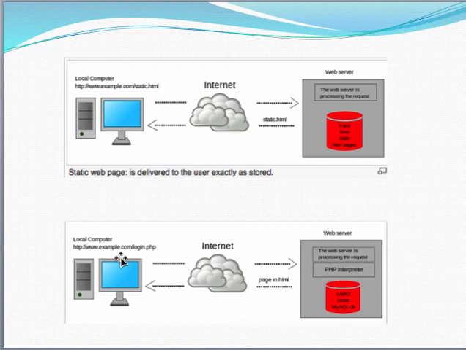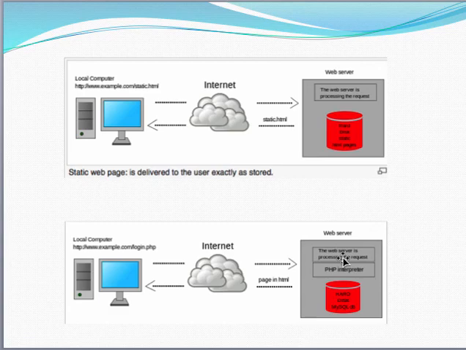But now with the new technologies, and now I'm talking about the last few years, we can display dynamic web pages or dynamic information. Why? Because, and here is the second model that we have, in the back end, and this is the back end here where it says web server, here we can see the same thing, but in the back end today, we have PHP, which is a programming language, and we have a database.